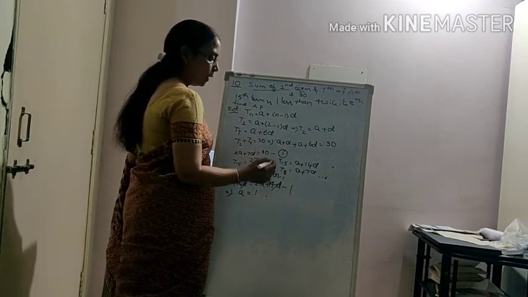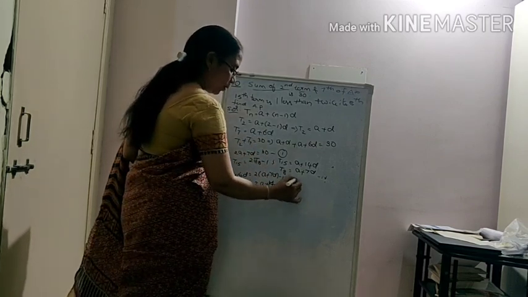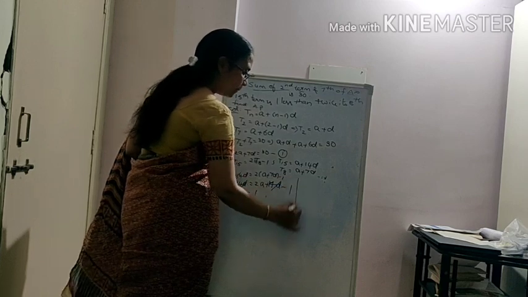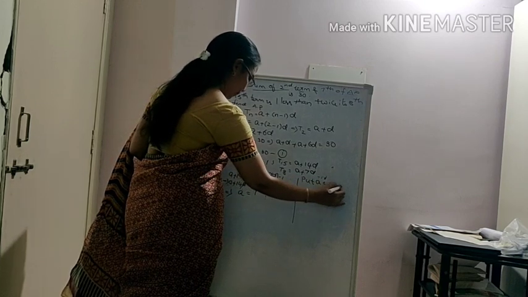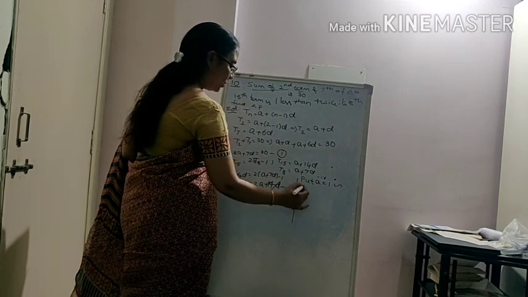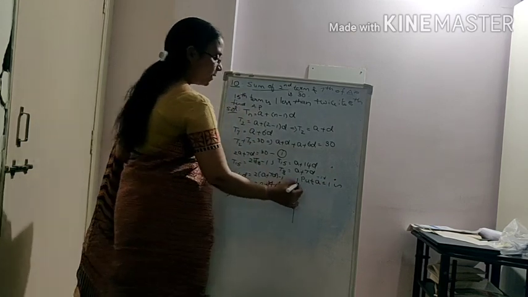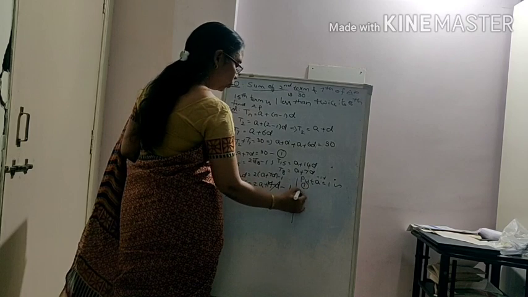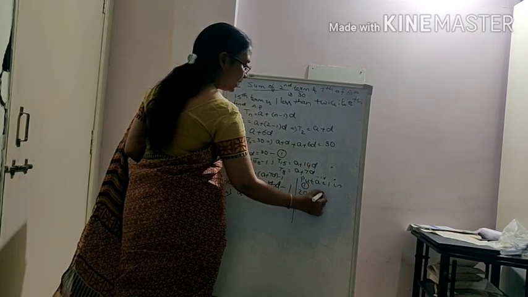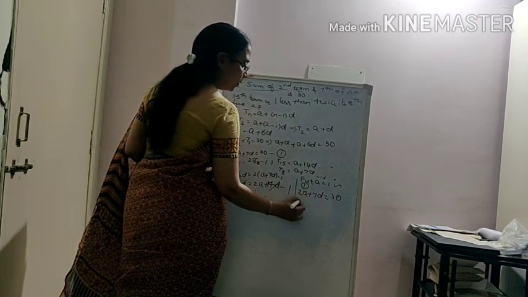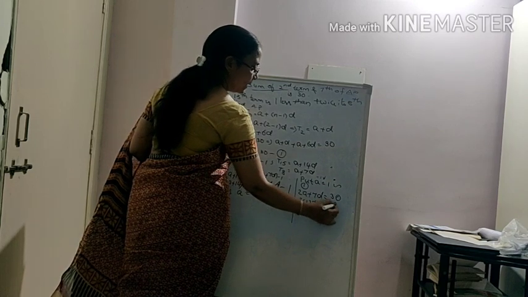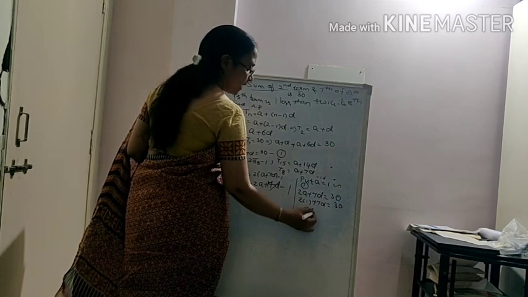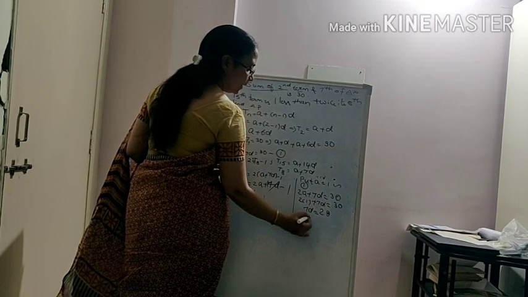Now put A is equal to 1 in equation 1, that is 2A plus 7D is equal to 30. So 2 into 1 plus 7D is equal to 30. 7D is 28.